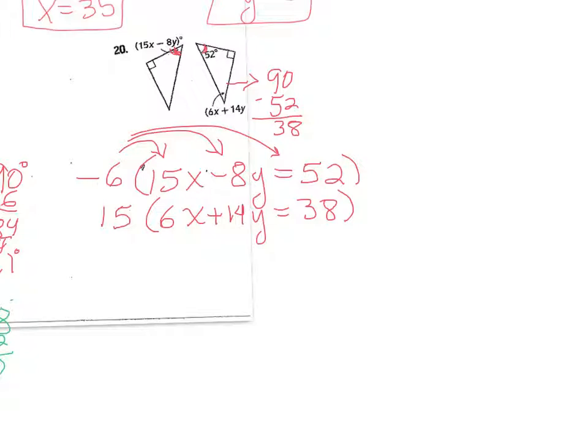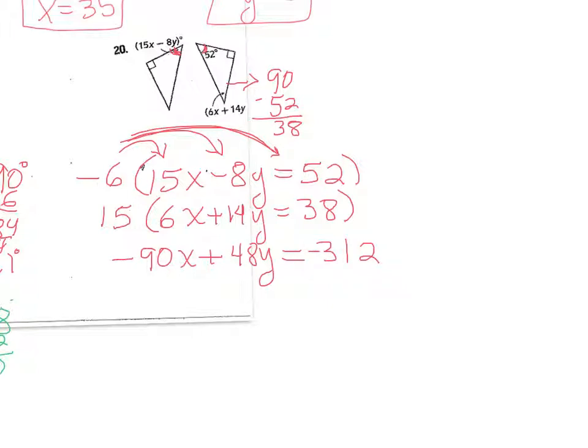So negative 6 times 15 is negative 90. Negative 6 times negative 8 is 6 times 8, 48. Negative 6 times 52, 12 carry 1, 30, and 1 is 31. So it's 312.